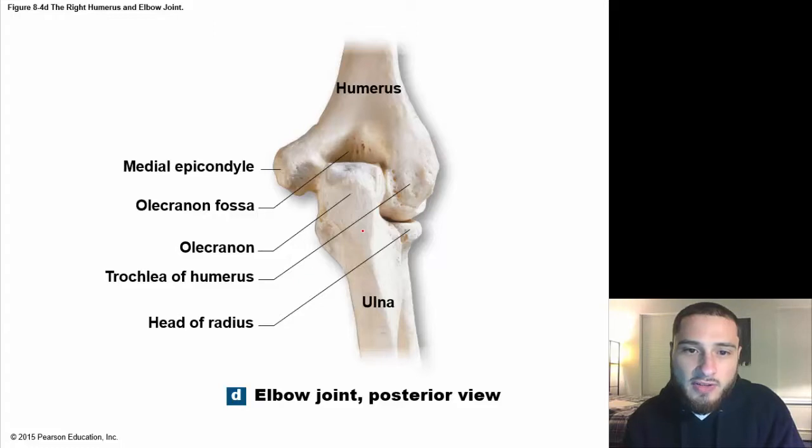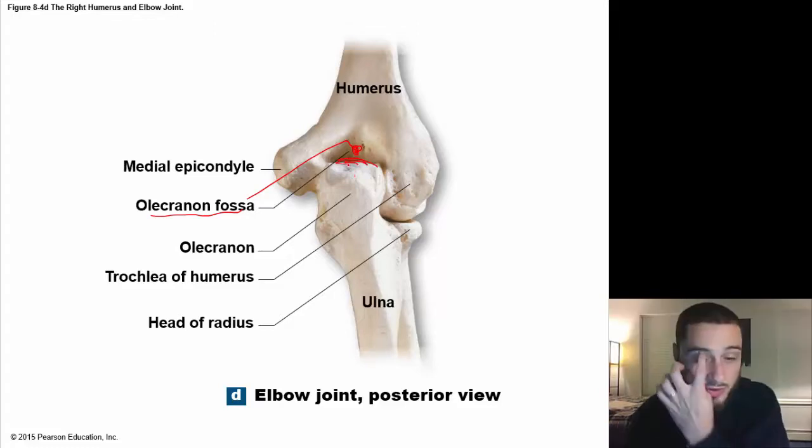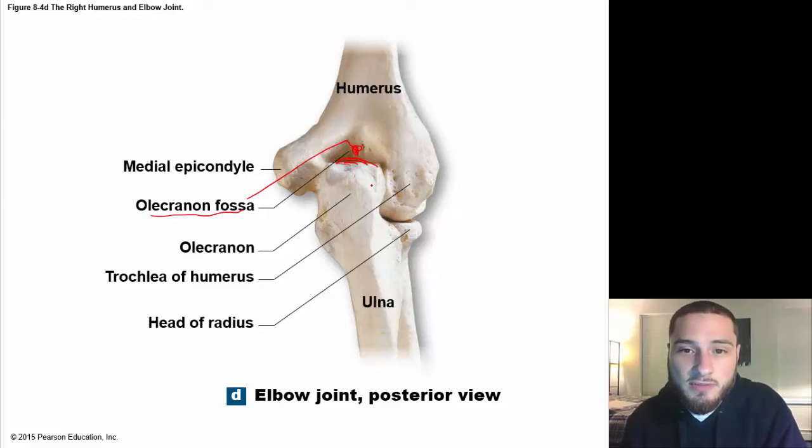You see that the ulna has the olecranon, which is going to fit right into that olecranon fossa of the humerus. So this olecranon fossa of the humerus is right here, and this olecranon is actually like a hook that kind of fits right into that portion. So when you think about the names, they name these things for a reason.